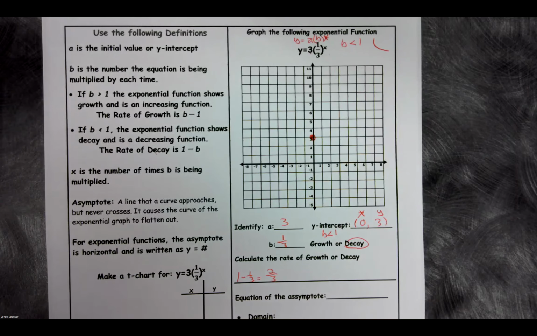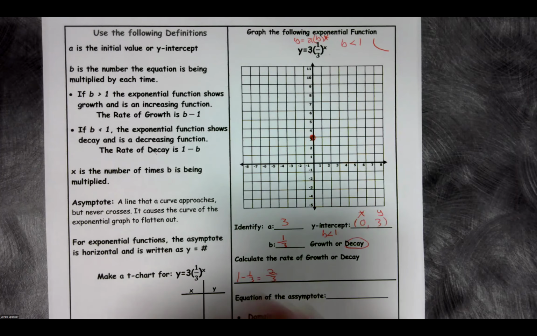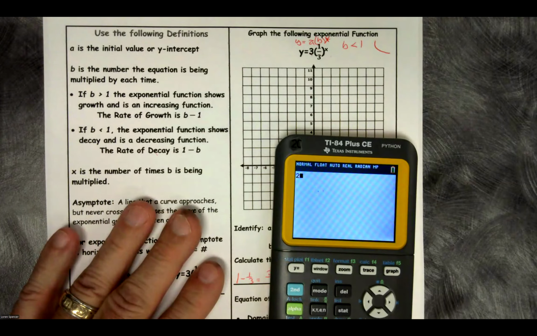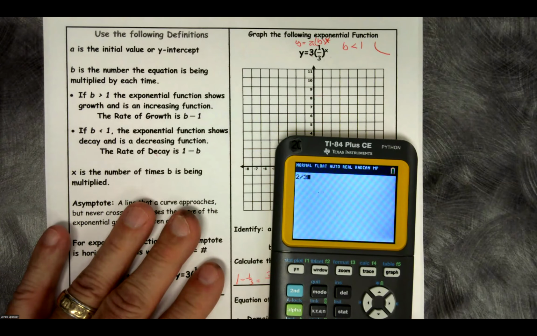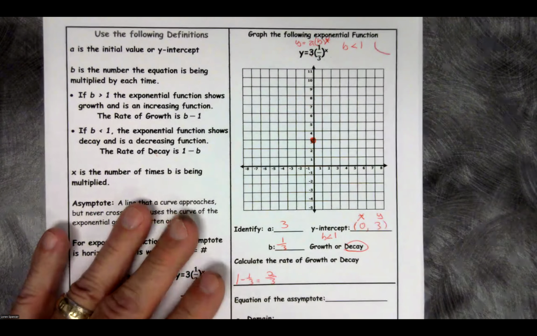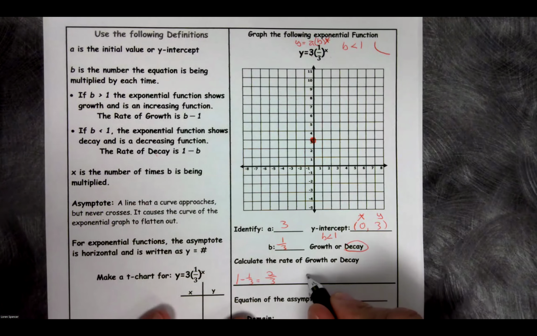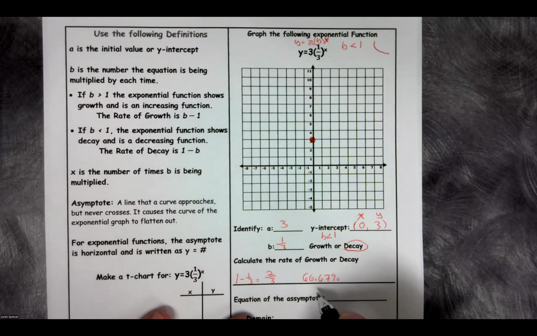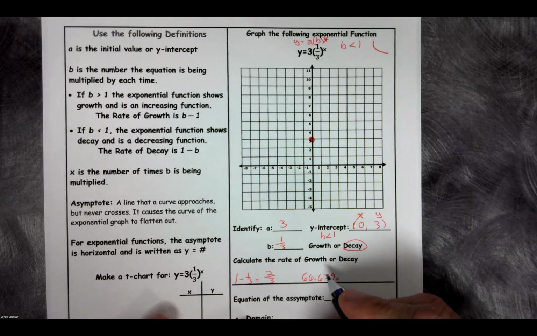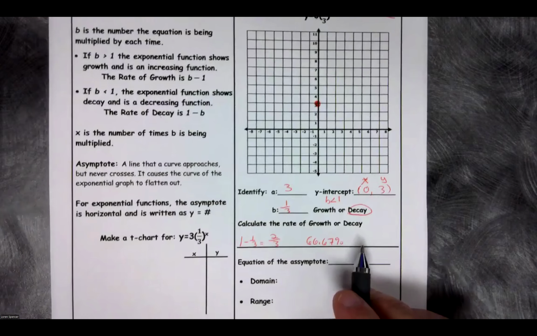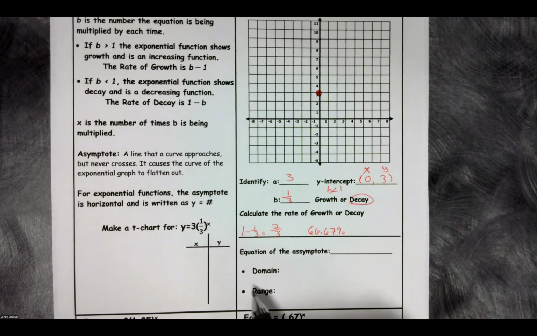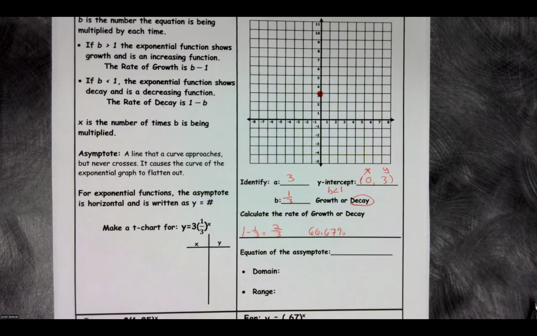And if I have my calculator, I'm just going to get this out just to show you. 2 divided by 3 times 100, because we've got to multiply by 100, and we get 66.67%, because we always multiply by 100 because we want this as a percent. Okay, we'll come back to the equation of the asymptote after we plot this in Desmos. So let's flip over to Desmos.